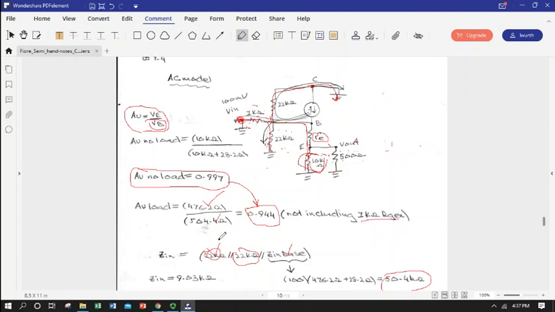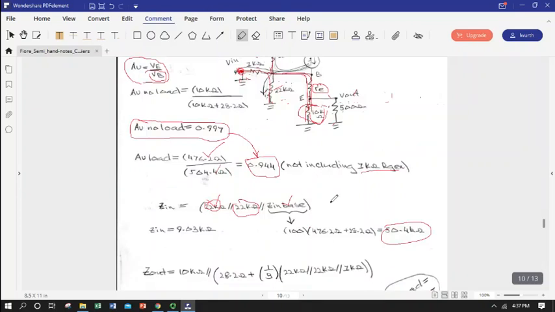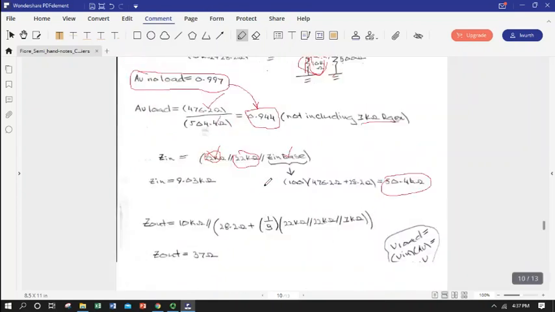So I have a three-way path. I have this 22 kilo ohm resistor in parallel with this 22 in parallel with this Zin base. So it's a three-way parallel, and it still gives us 50 kilo ohms.